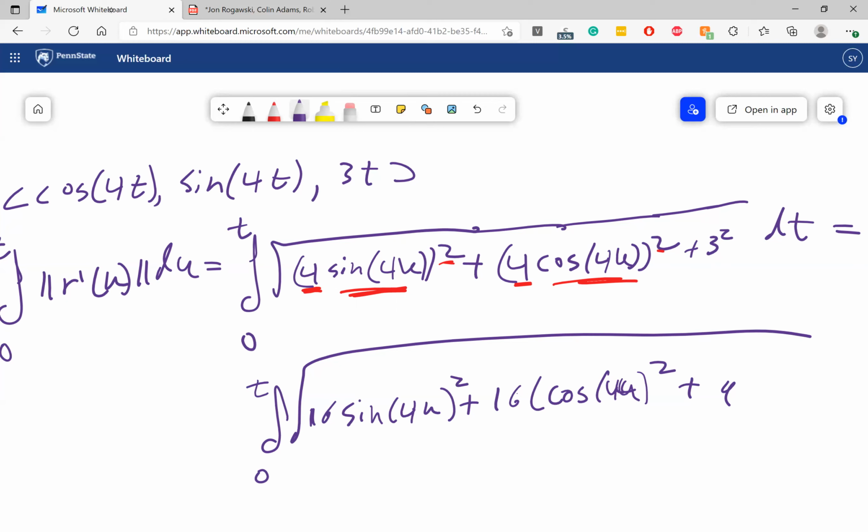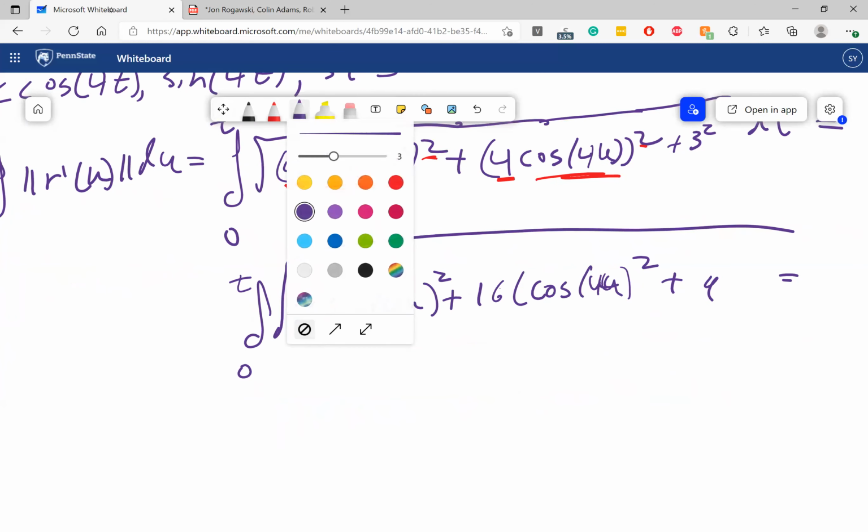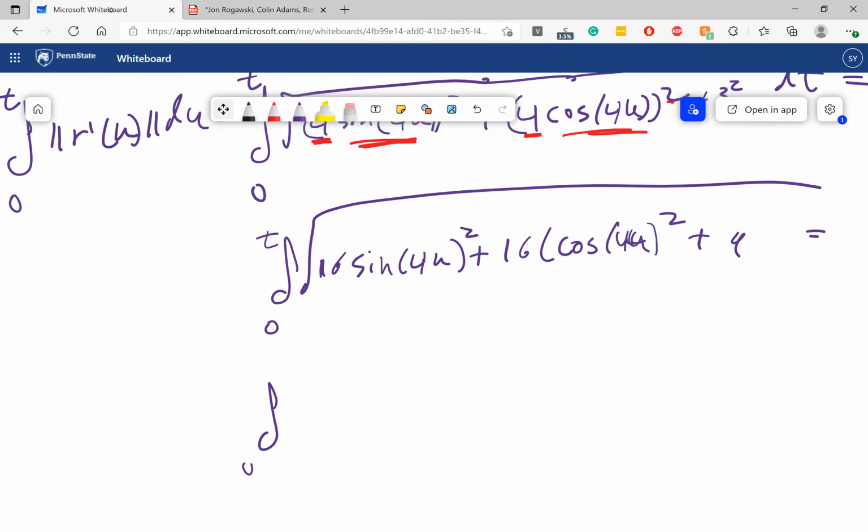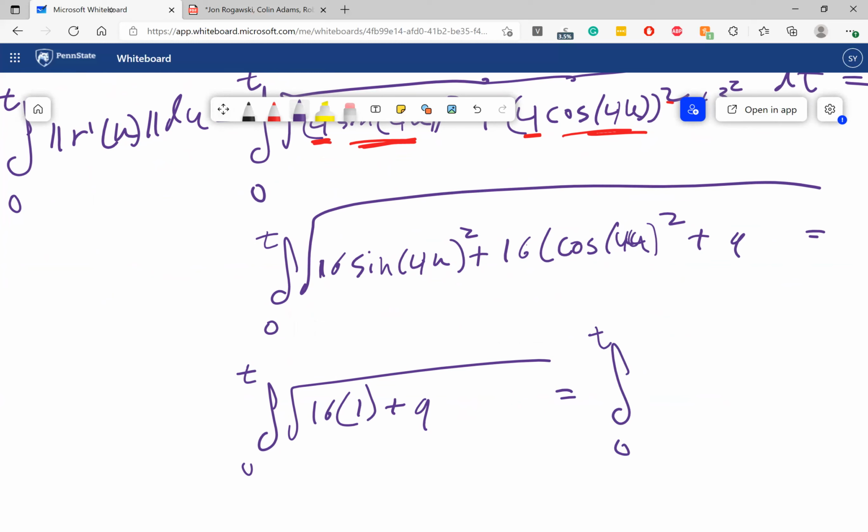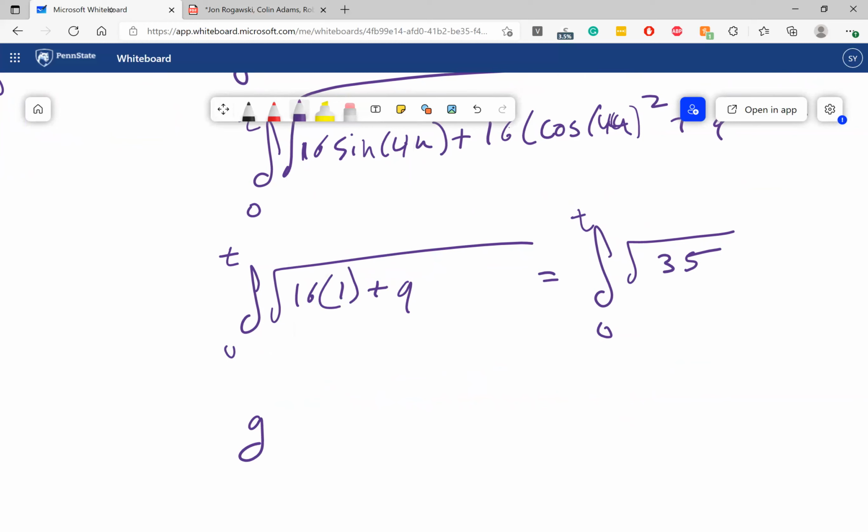So you get the integral from 0 to t of the square root of 16 times 1 plus 9, which is equal to the integral from 0 to t of the square root of 25, which means that our g(t) is going to be equal to the square root of 25 times t.